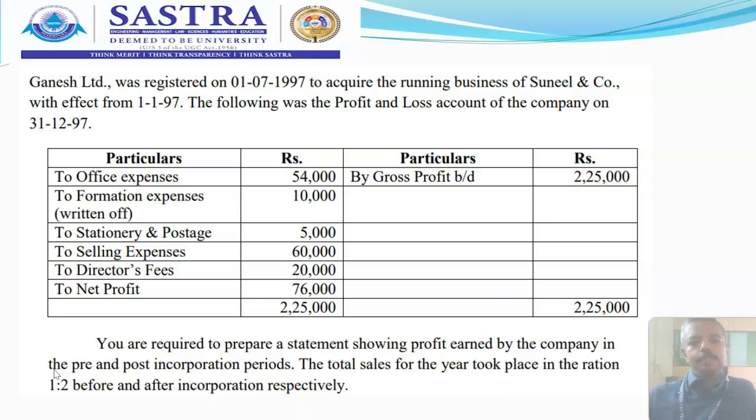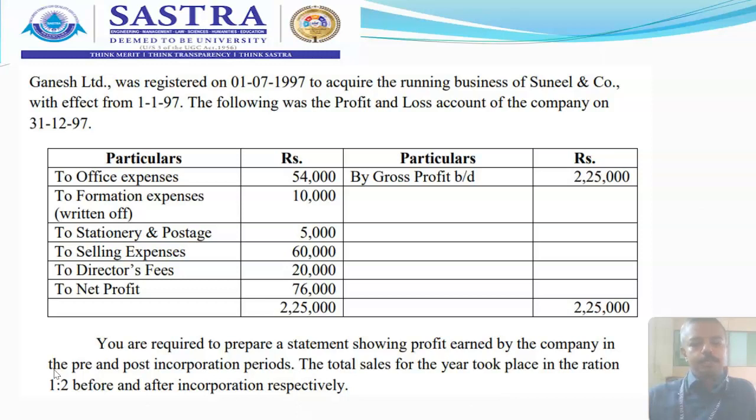The following was the profit and loss account of the company as on 31st December 1997. And now they have given the list of income and expenses of the particular accounting period, that means January 1 to December 31.